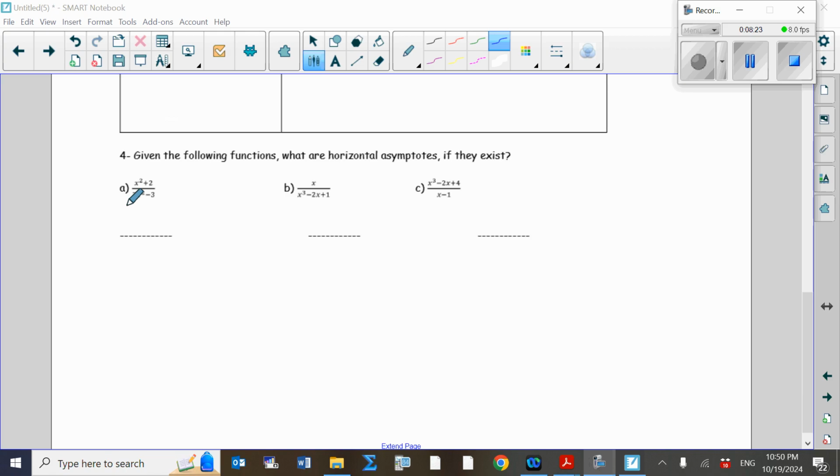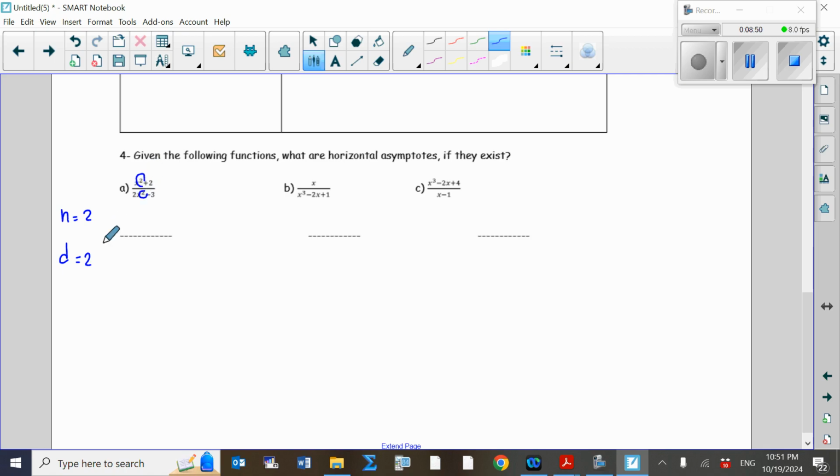Okay, let's go to question number 4 here. It's asking us to find the horizontal asymptotes. As you know, we always need to know the degree of the top and the bottom. For the first one, the top is 2, the bottom is also 2, the term with the highest degree.